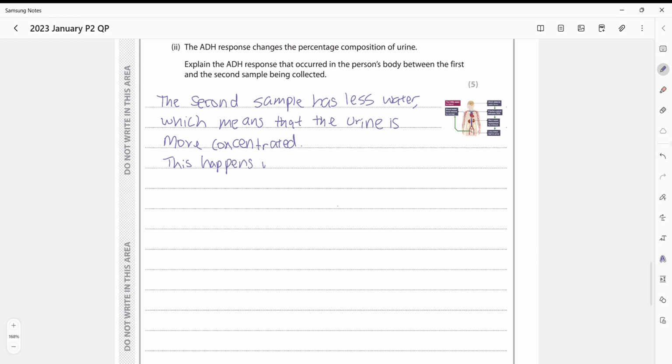This happens when a person has less water in their blood.